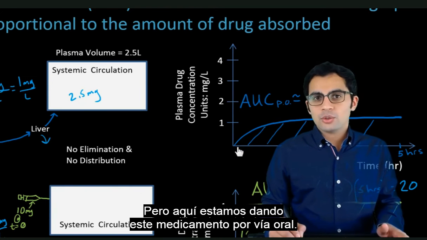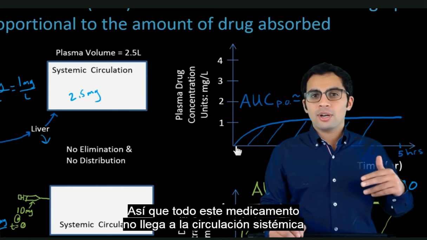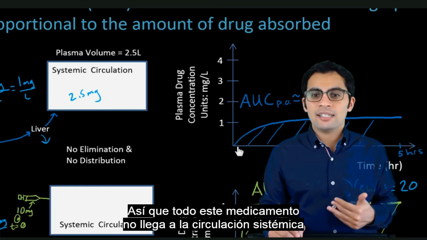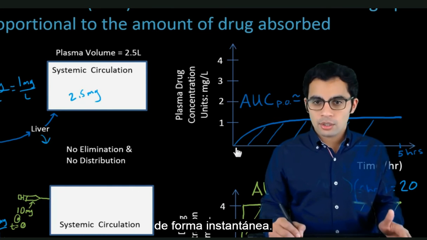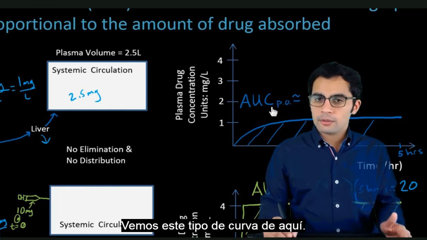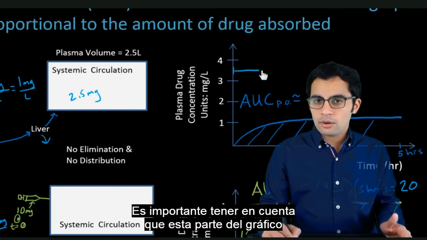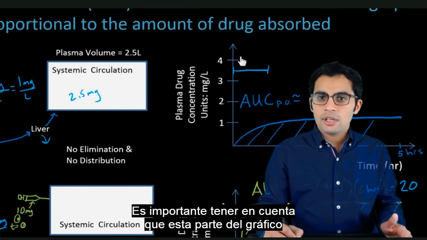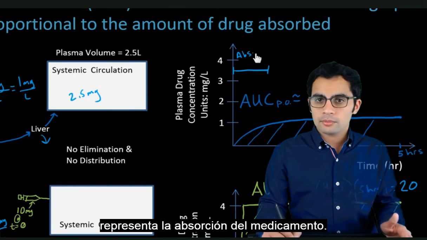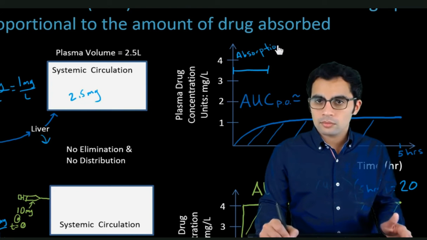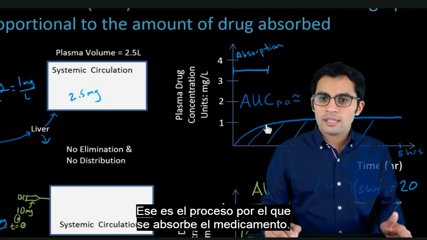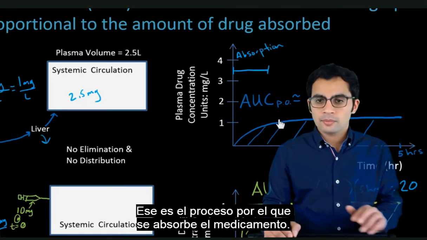But here we're giving this drug by mouth, and so all of this drug is not instantaneously getting into the systemic circulation. We see this kind of curve here. Important to note is that this part of the graph represents drug absorption, that is the process of the drug getting absorbed.